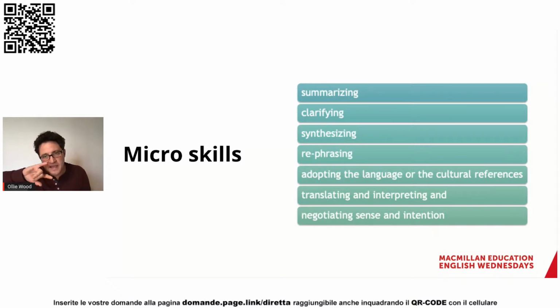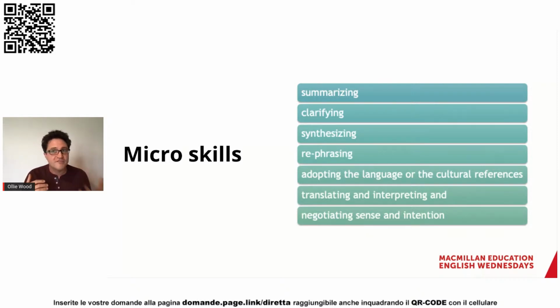So, looking at mediation the other way around, from bottom to top, we could explain it in the following way. If we use a microskill like synthesizing, so the third one down on this list, what we're doing is constructing the strategy, paraphrasing. So remember, paraphrasing is an activity. How do you do it? Well, you paraphrase by synthesizing the text.